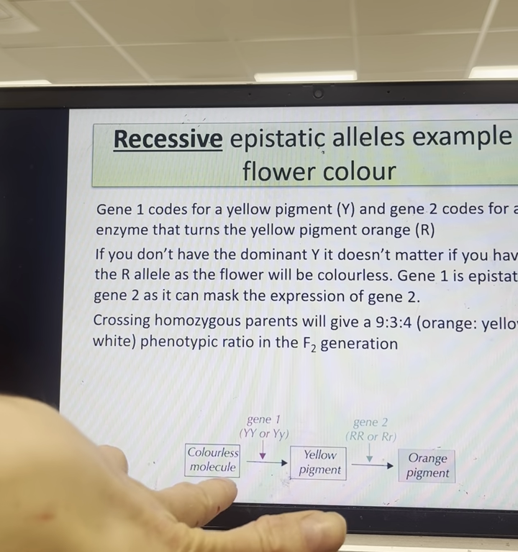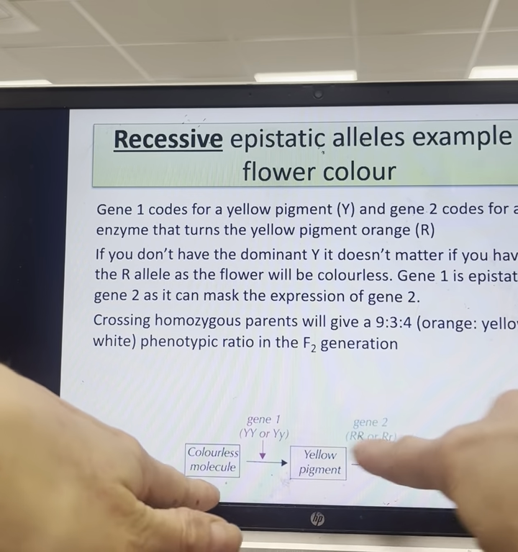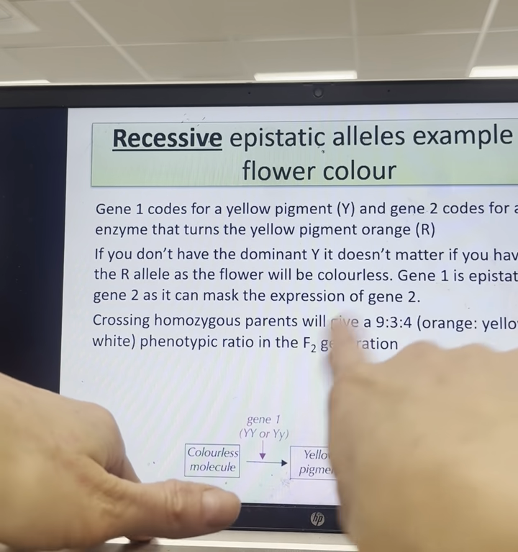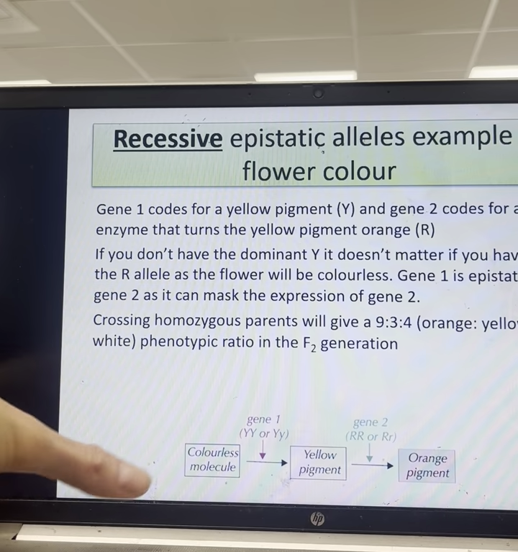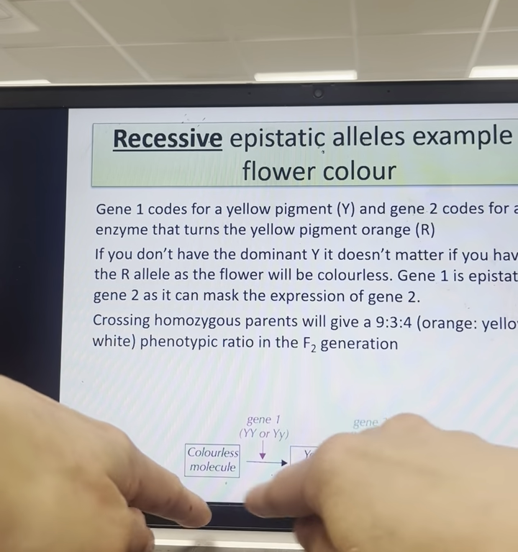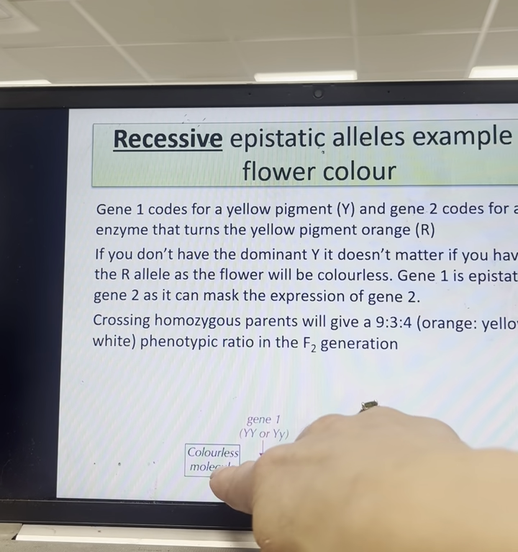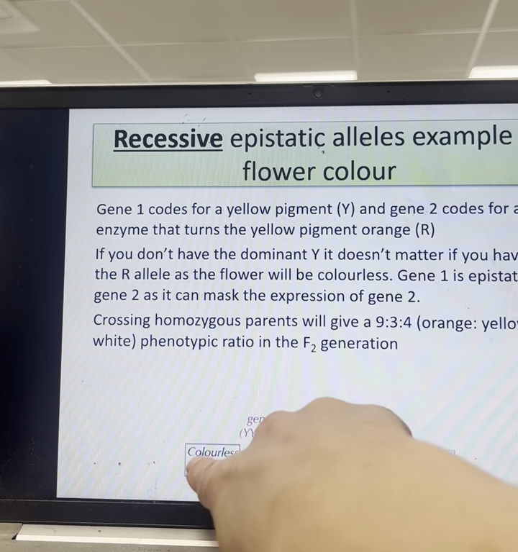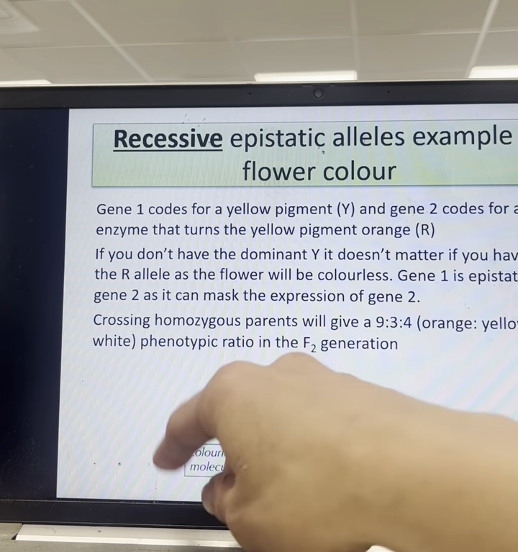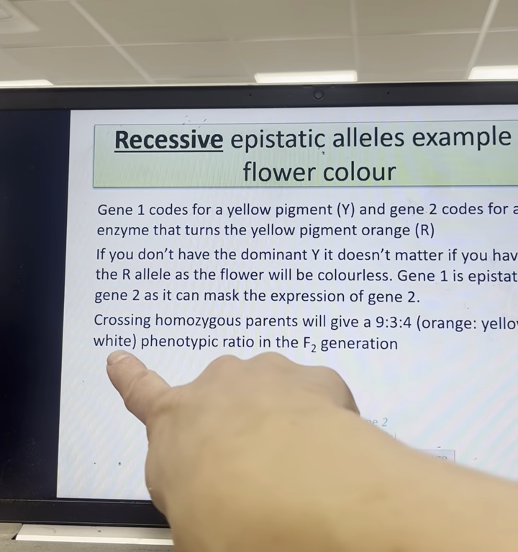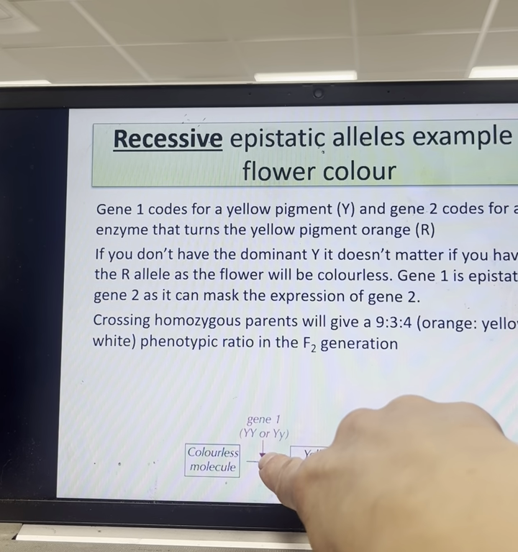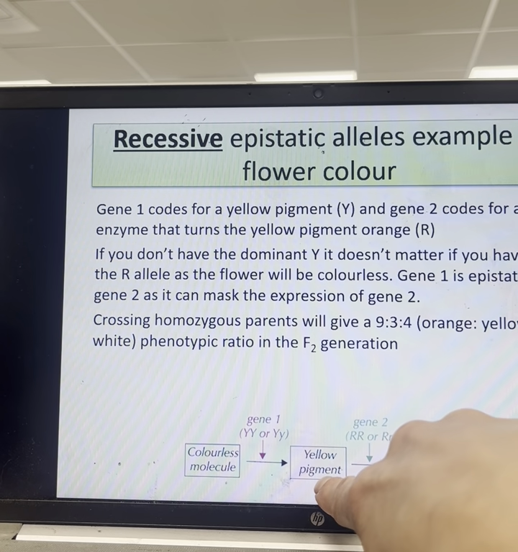Okay, so I think this is a really good way to understand it rather than reading, draw it like so in the exam. So if you were taught through this information, you're saying that there's a molecule to debate whether or not there's colour. If they don't have it, they don't have it. You're not getting past that stage and you're going to have the outcome of white. If they've got gene 1, that will get them to the yellow pigment.